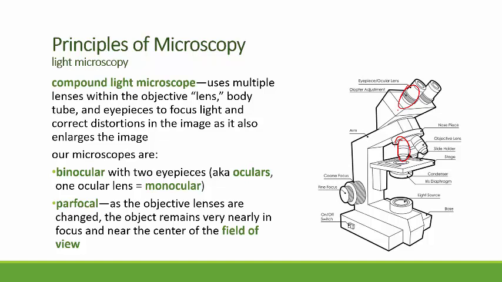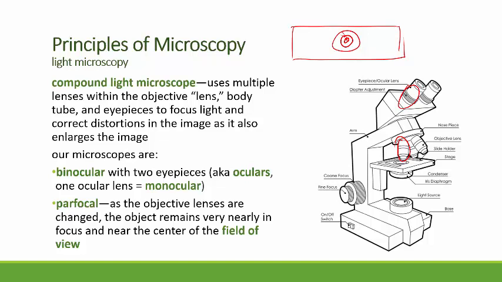So what parfocal means is that as you are focusing at a low magnification on this region of the slide, as you change the objective lenses and successively look at smaller and smaller regions of the slide, they are mostly centered. Those ever smaller regions are centered on each other.